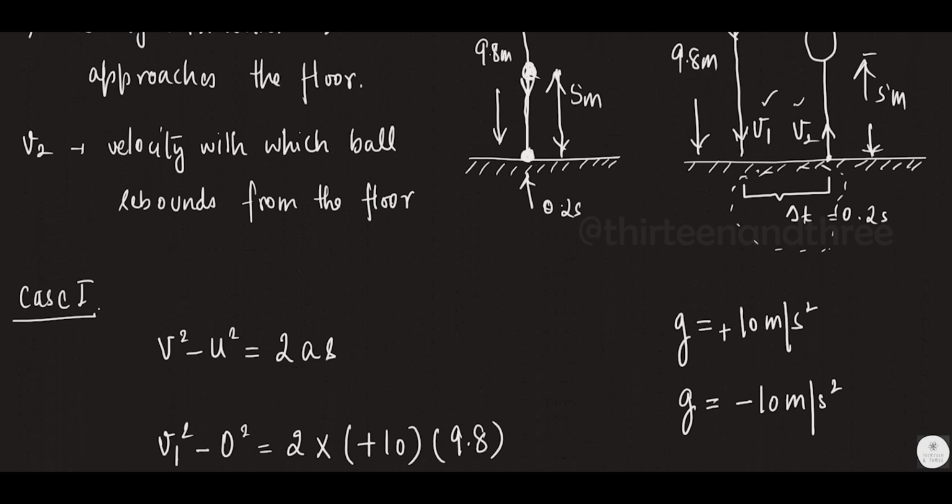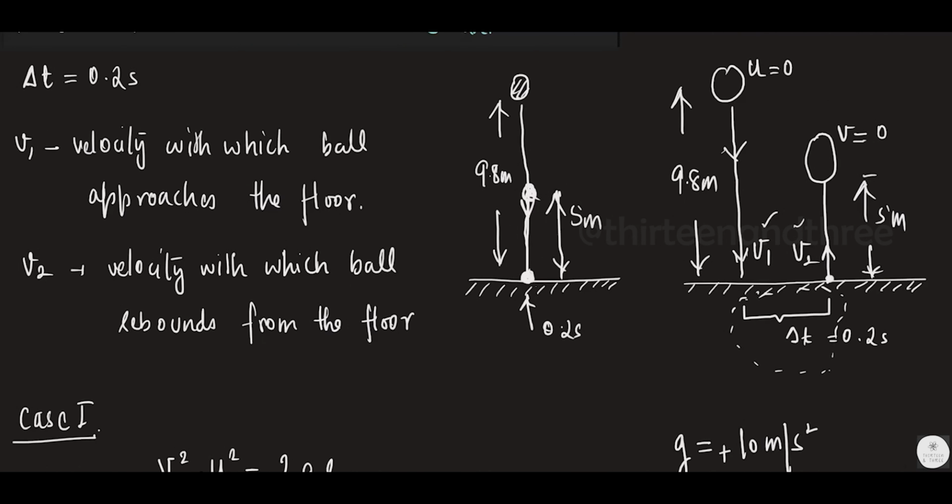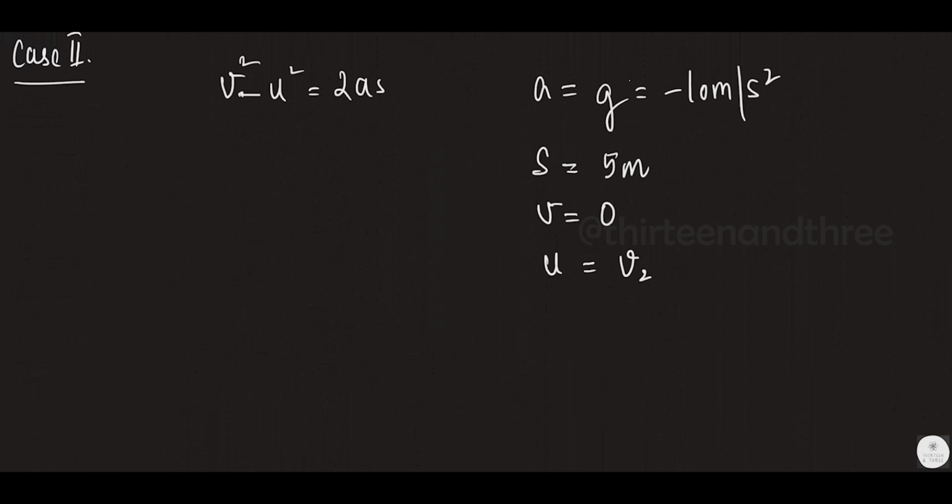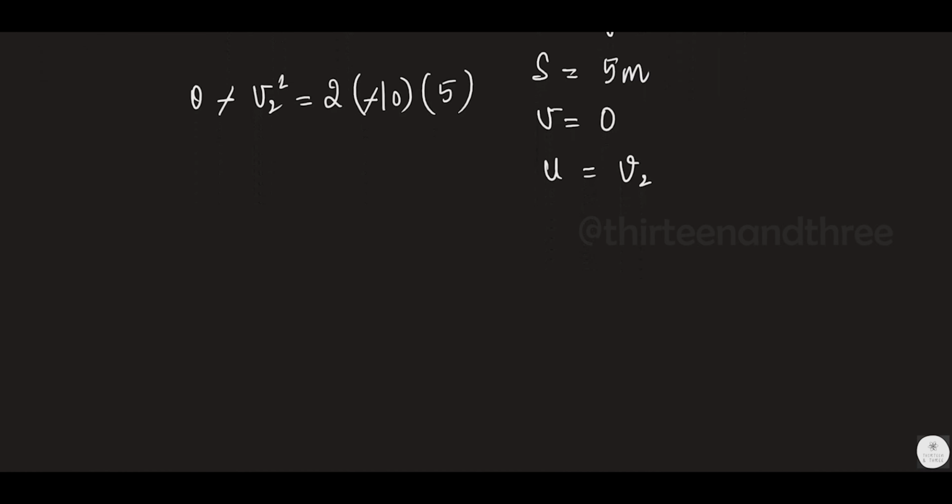For the second case, the process begins from here, and at that time the velocity of my ball is v2. So 0 minus v2 square is equal to 2 into minus 10 into 5. The minus sign cancels out.